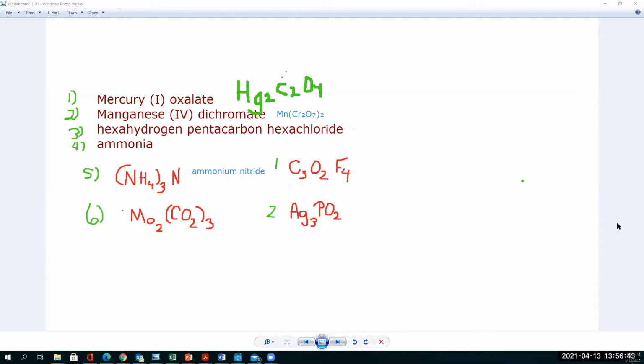We ended up having a hydrogen with a 6 because hexa means 6. With carbon, we ended up with 5 carbons because penta means 5. And hexa means obviously 6 again. So we have a total of 6 chlorines.